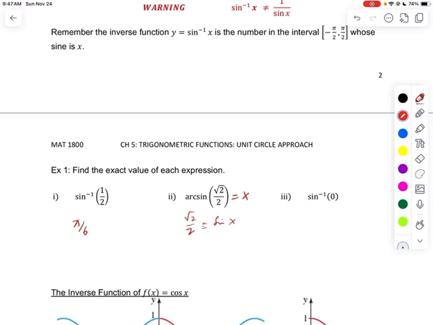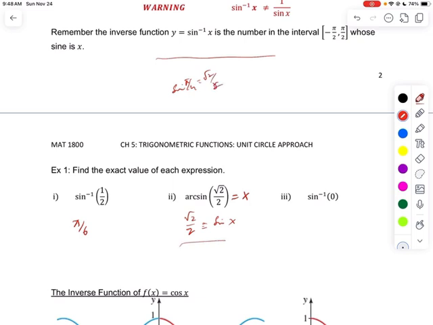So for example, sine inverse 1/2 is the same as finding the t value when sine of t is equal to 1/2.